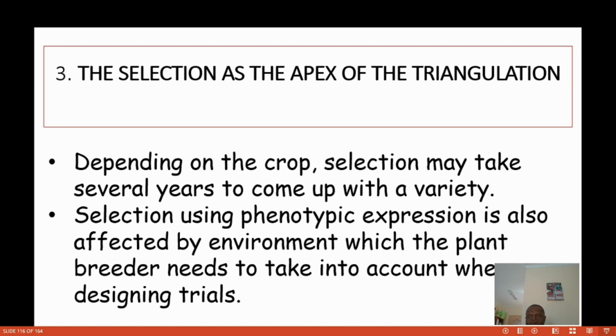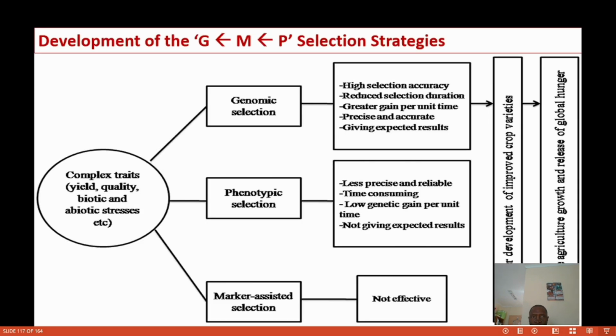It's very important. Depending on the crop, selection may take several years to come up with a variety. Selection using phenotypic expression is also affected by environment, let's remember, which the plant breeder needs to take into account when designing trials. For example, let us consider that we have complex traits: yield, quality, biotic and abiotic stresses, etc. We have these major methods.